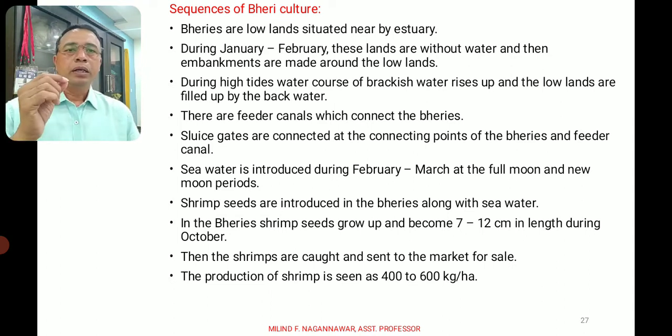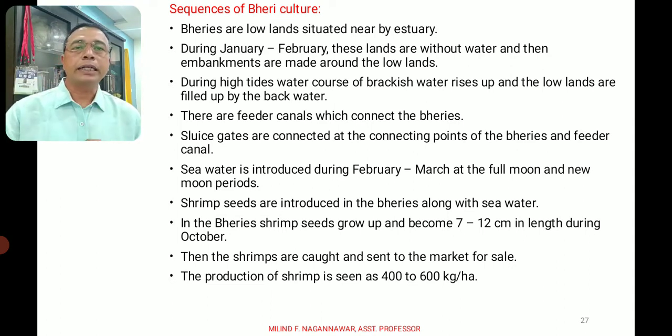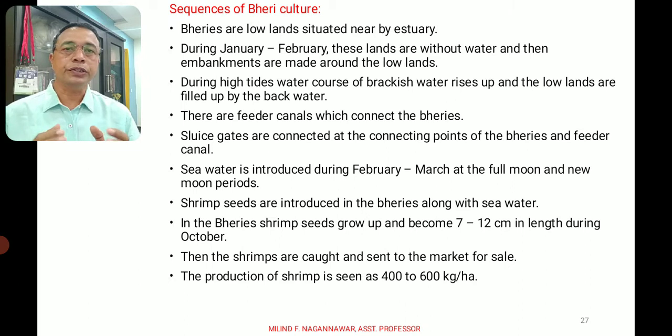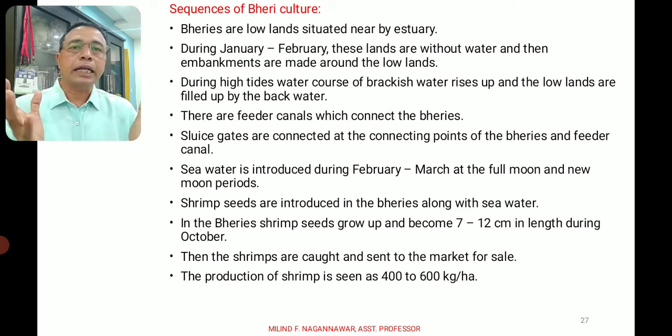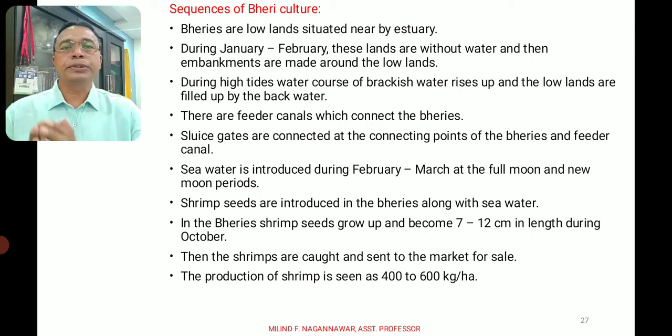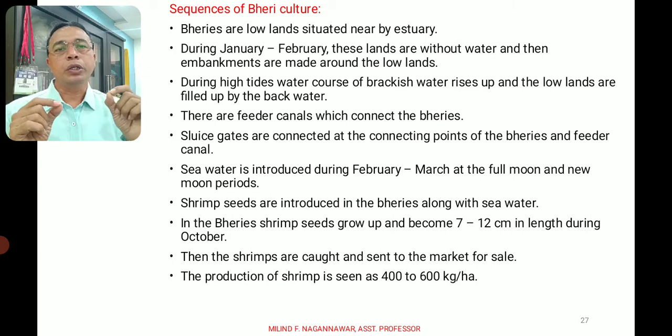Now, during the high tides, usually at the full moon and new moon phases, the high tides bring the shrimp seeds into the berry tanks, and along with these shrimp seeds, nutrient materials also enter the berries.